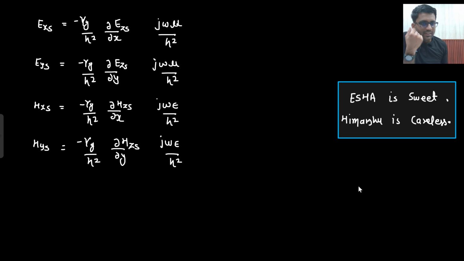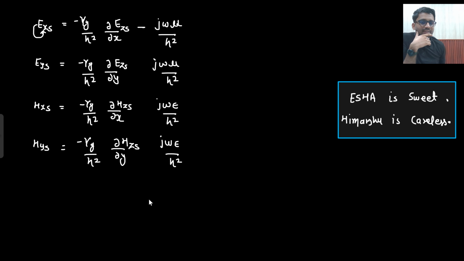Now Isha is a sweet girl and she broke up with someone. So Isha's ex will be positive or negative? Isha broke up with someone. She was a sweet girl. Now that guy who broke up, will he be positive or negative? She lost a sweet girl, no? So that guy will be negative. Are you getting this point? Look, in the sign there would be a lot of confusion, so this is the best thing. Isha is a sweet girl, so Isha's ex would be negative.